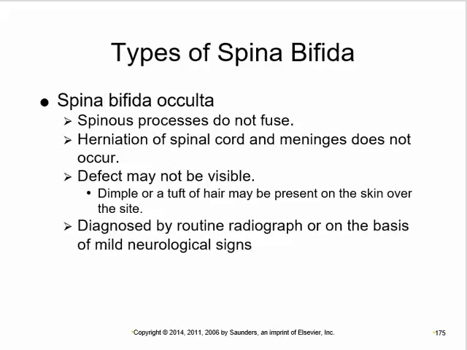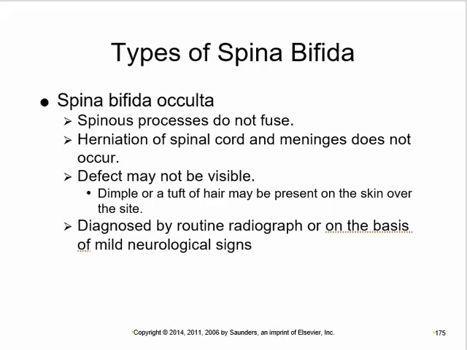So if it's just the spine, the spinous processes don't fuse, we call it spina bifida occulta. Occult means hidden, because all it is is a failure of the bone to fuse. The meninges and the spinal cord are intact and nothing has happened.